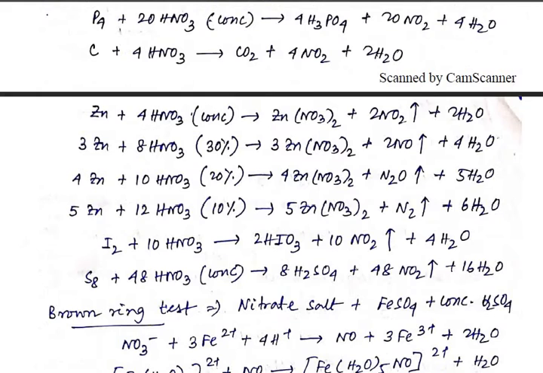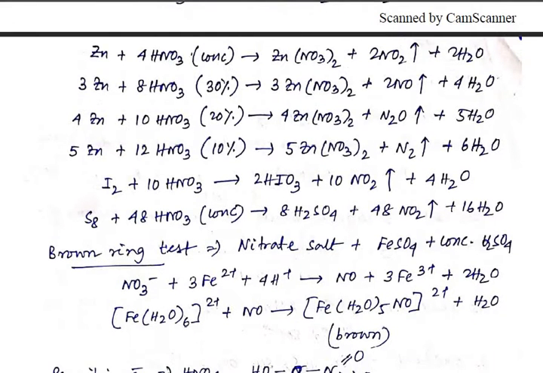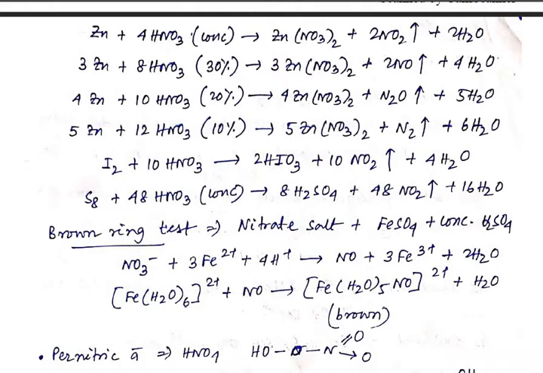So from today's class, mainly I will discuss after that the reaction of zinc with the nitric acid. If I use the concentrated nitric acid and add it dropwise over the zinc metal, then we can get the NO2 or the nitrogen dioxide gas.